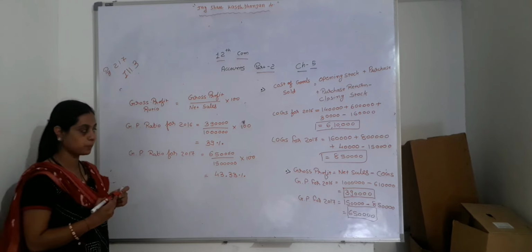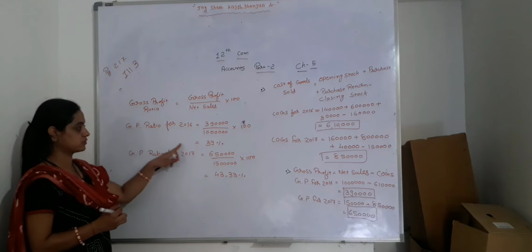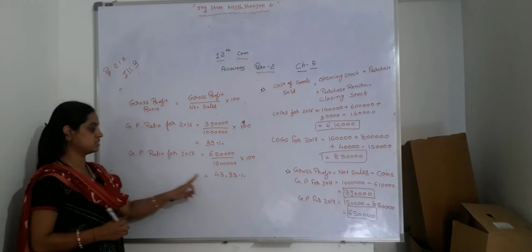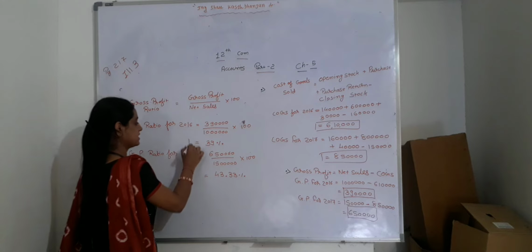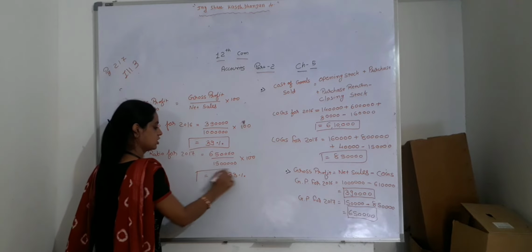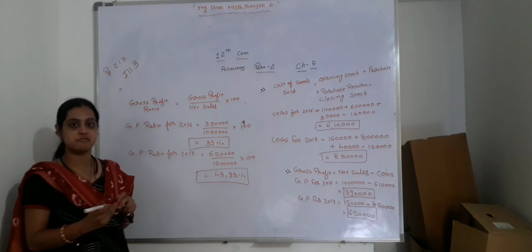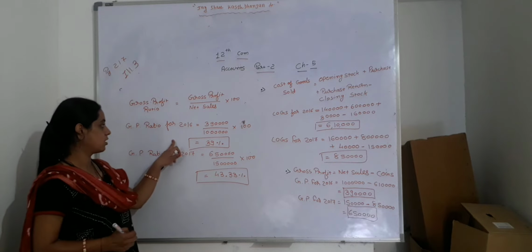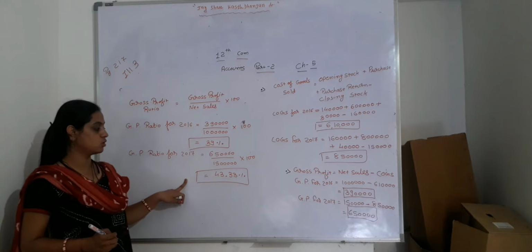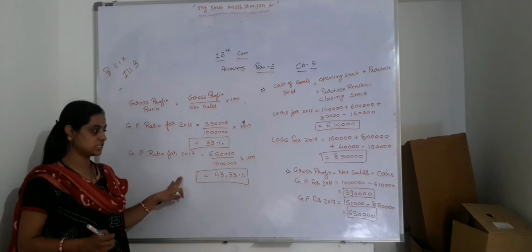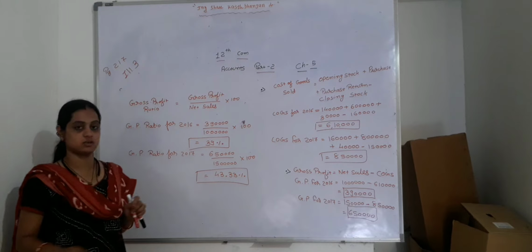Okay. So gross profit ratio for 16 is 39% and 17 is 43.33%. That means we can say there is an increase in gross profit or profitability of the firm from 39% to 43.33%. Write down.